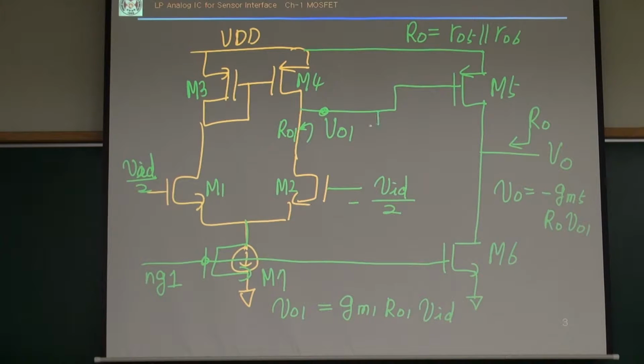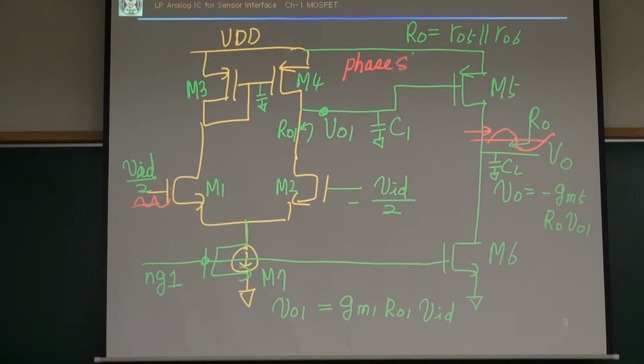There are some parasitic capacitances here and there, right? Because of those parasitic capacitances, the signal becomes slowed down. When a signal is applied here, it shows up there late. There is some delay time from here to there. That's called the phase shift.